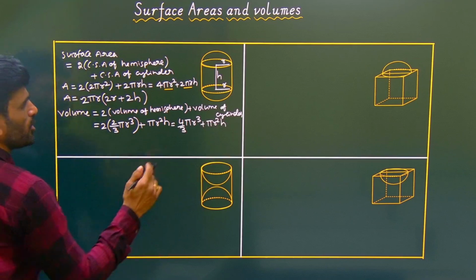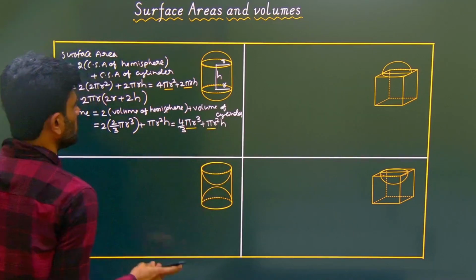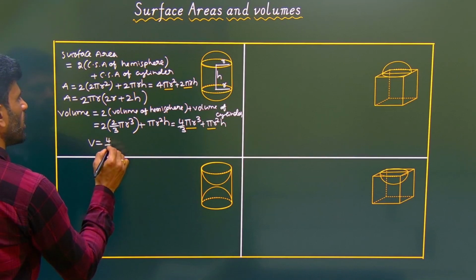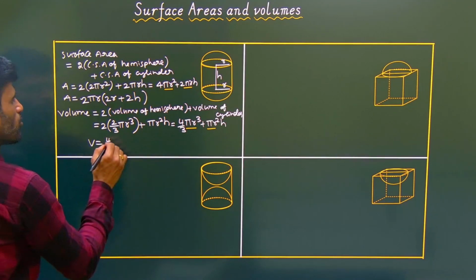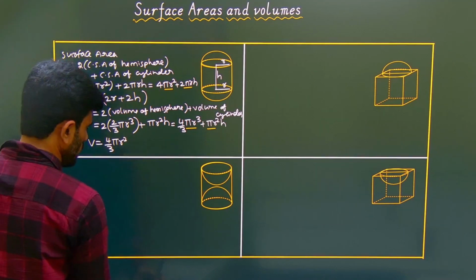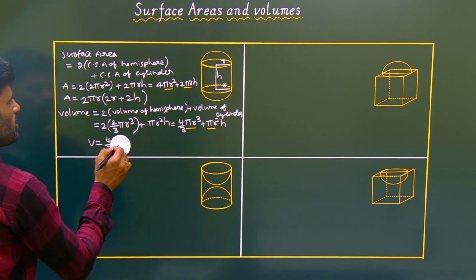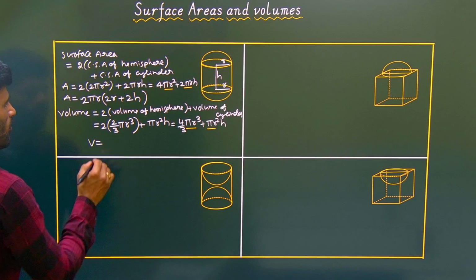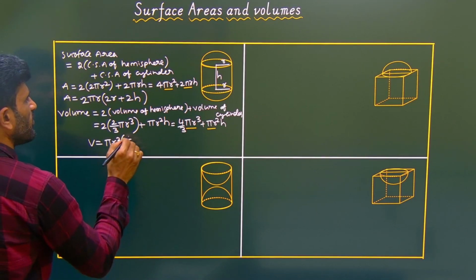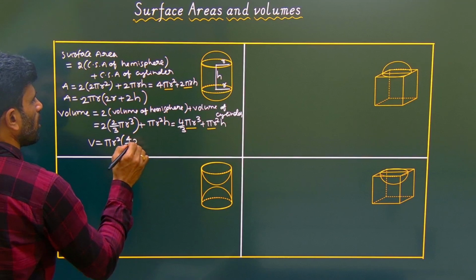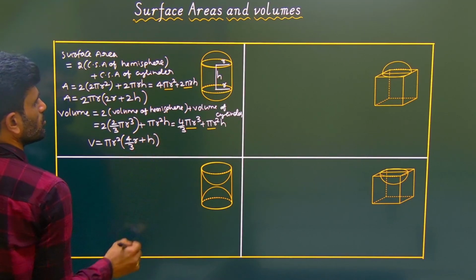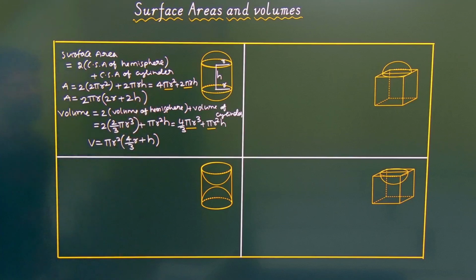In these two, what do you have common? Pi r square is common. So when you take pi r square common, then inside we will get 4 by 3 into r plus h. This is the volume of the combination of that solid.